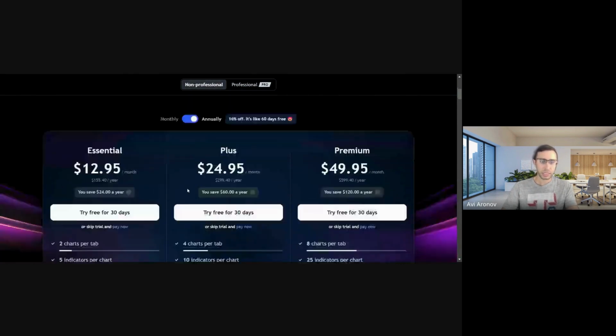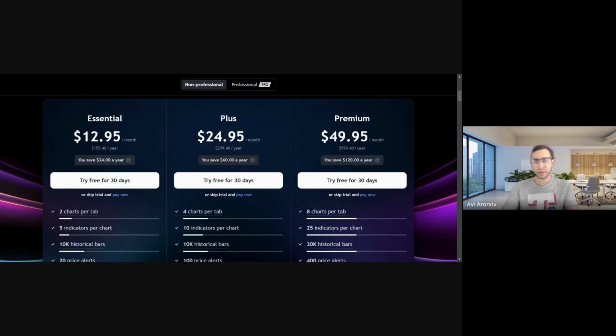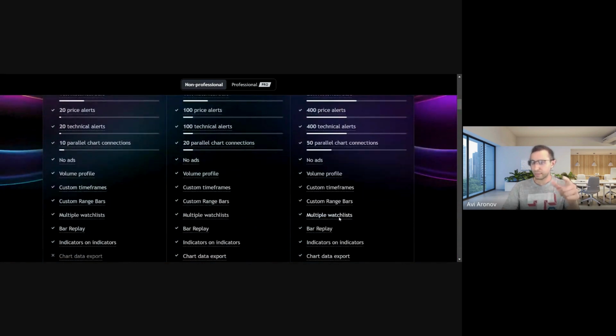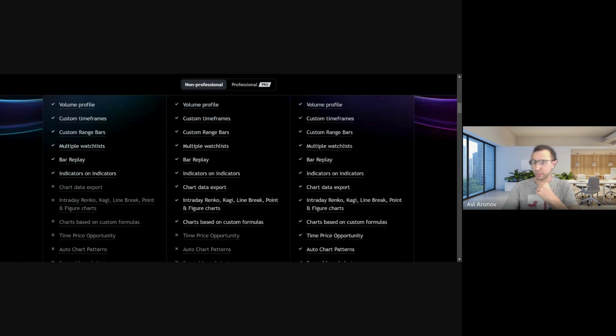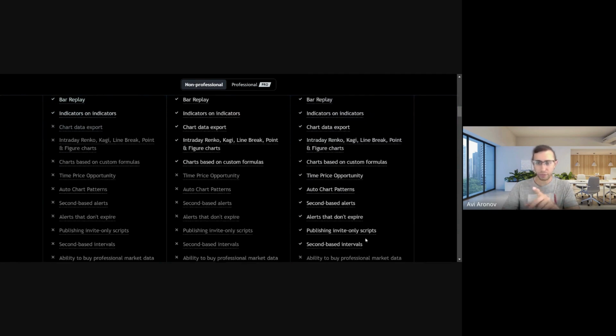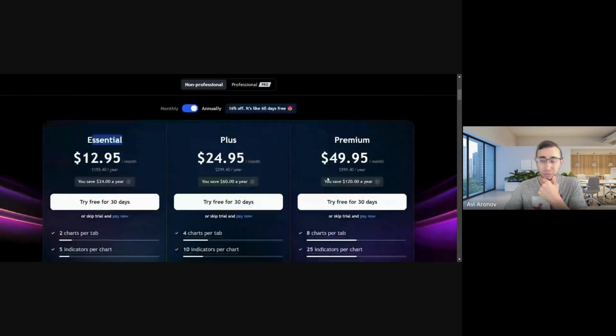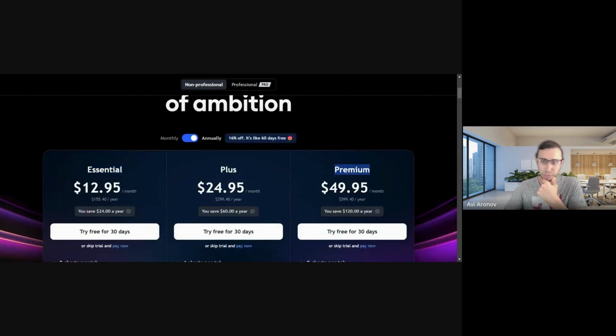To start, I definitely recommend either the Essential plan, or if you want some things like, I tell you right now, they just came out with a footprint chart. Then you want a minimum of Premium, because they don't give you that without Premium. But you can start with Essential.